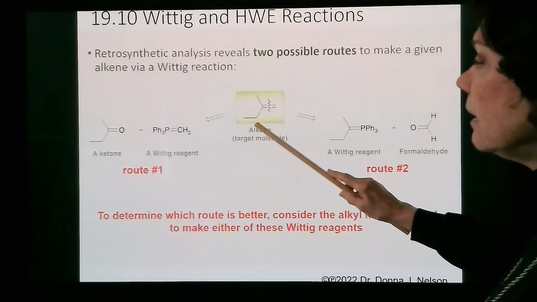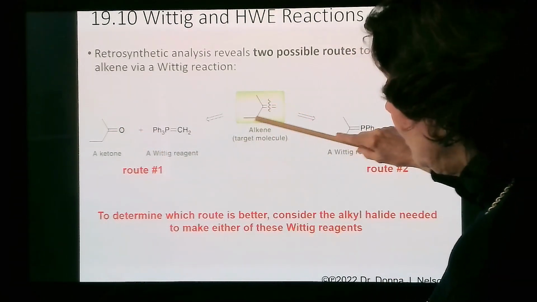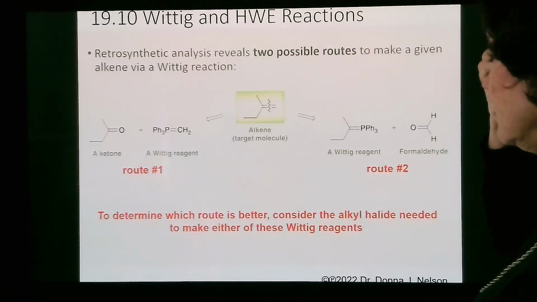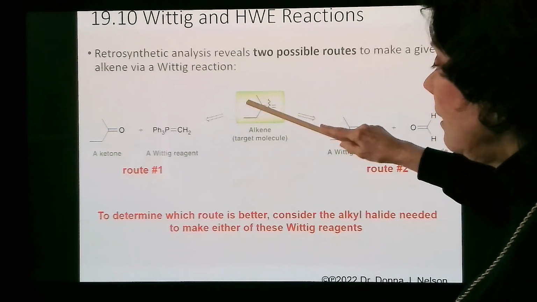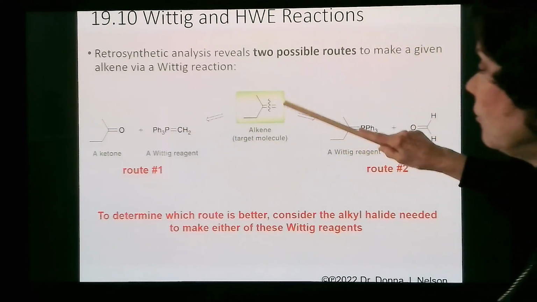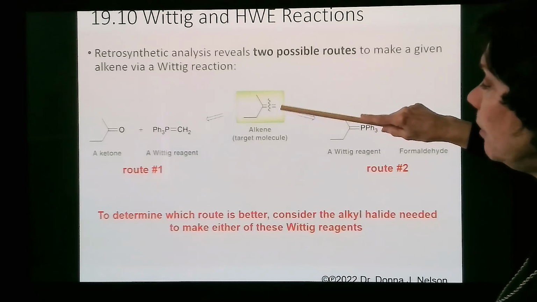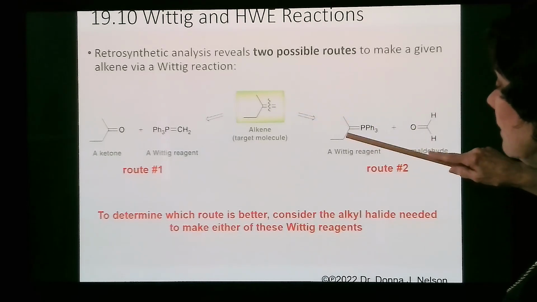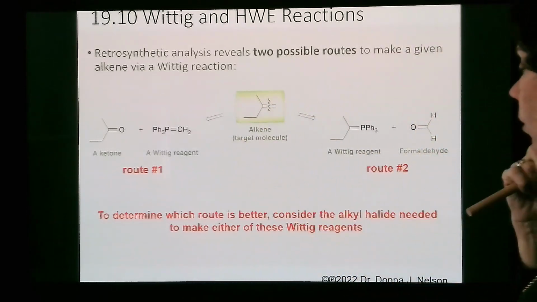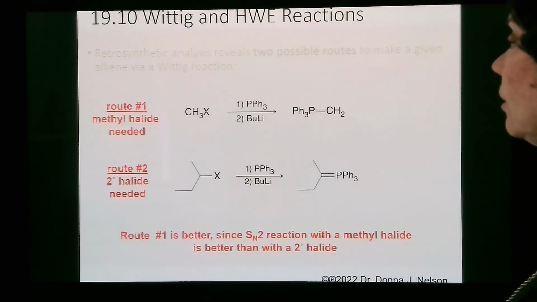You could start out either with the ketone furnishing this piece of the carbon-carbon double bond product and the Wittig reagent furnishing the other part, or the ketone could furnish the part on the right and the Wittig could furnish the piece on the left. So either route would work. One of these will be superior. So let's look at this.